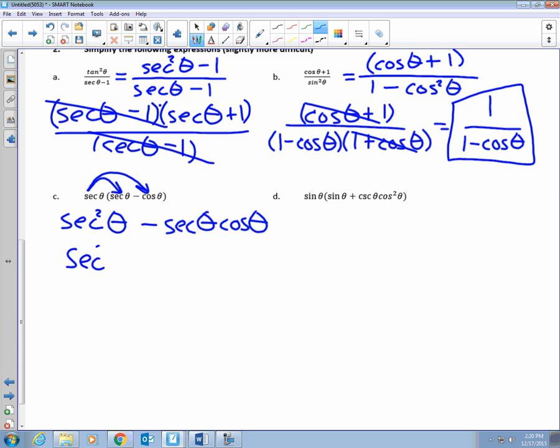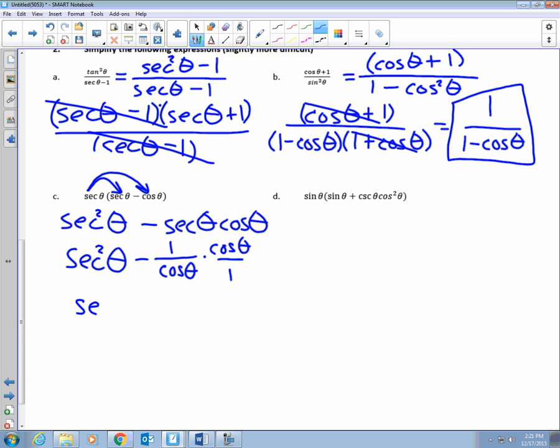But I don't like the secant cosine. What is secant in terms of sine and cosine? And what's 1 over cosine times cosine over 1? 1, right?